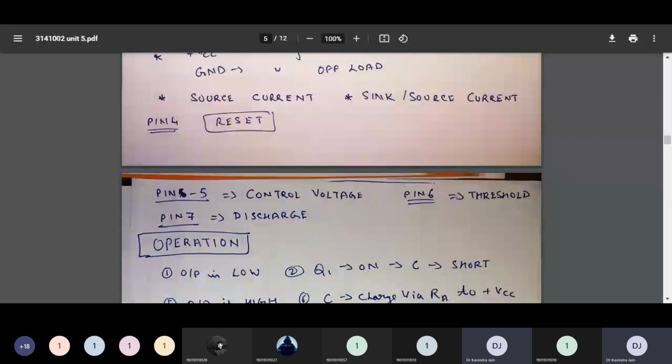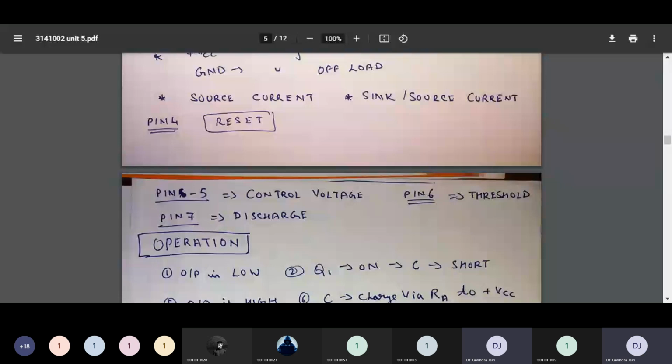Step number 2: Q1 is on and capacitor C is shorted to ground.